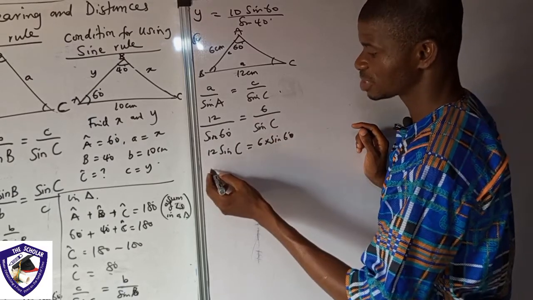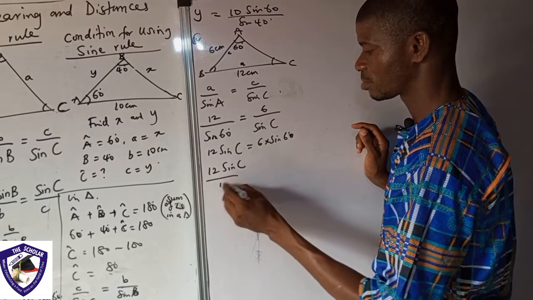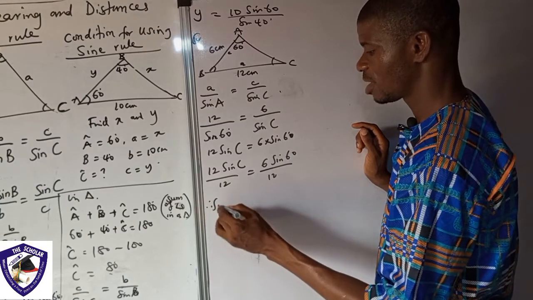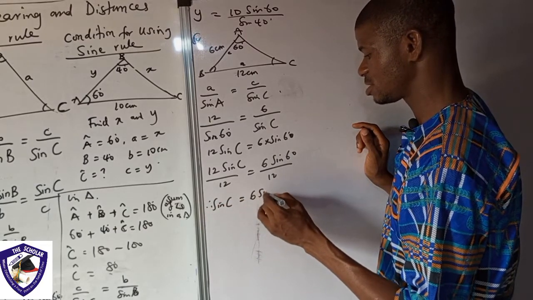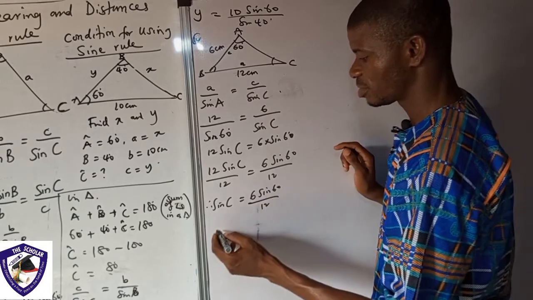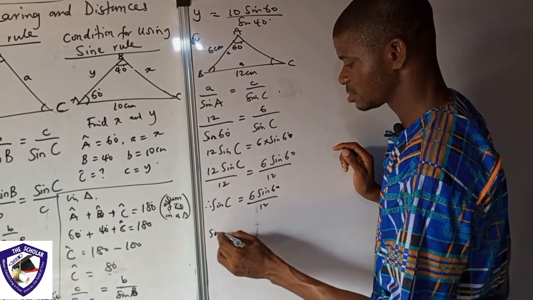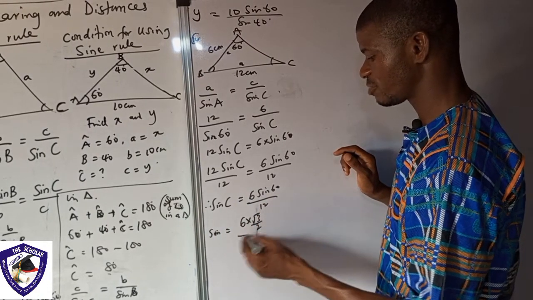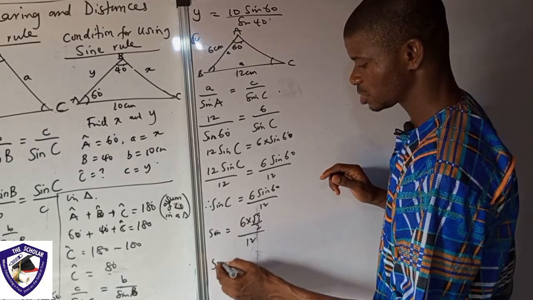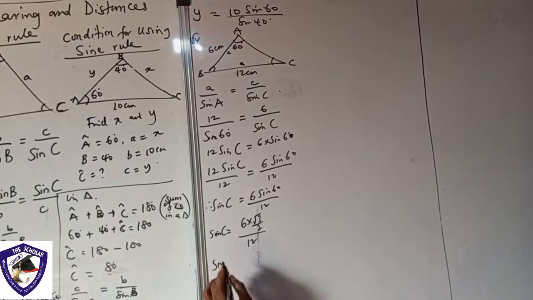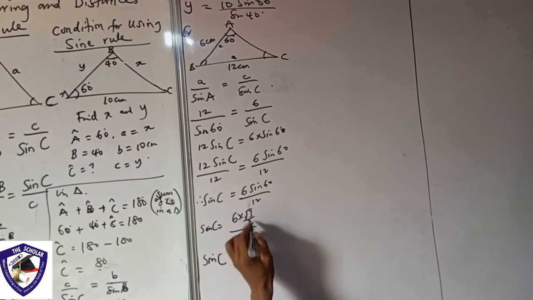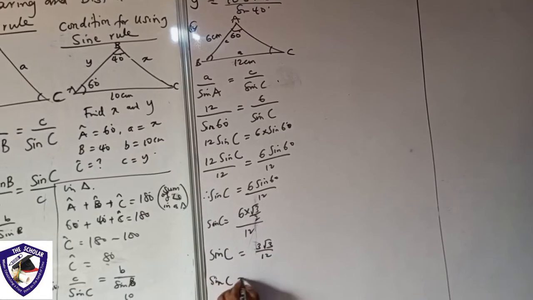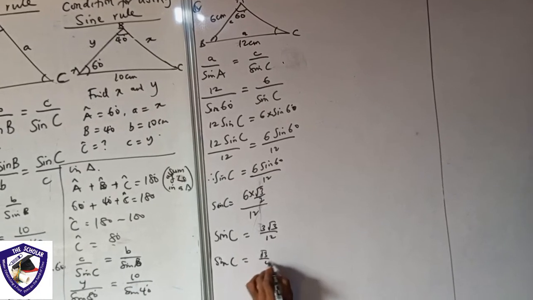Then divide both sides by 12. So sine C is equal to 6 sine 60 over 12. That means sine C is equal to 6 times sine 60, which is root 3 over 2, divided by 12. So sine C is equal to 3 root 3 over 12, which is root 3 over 4.